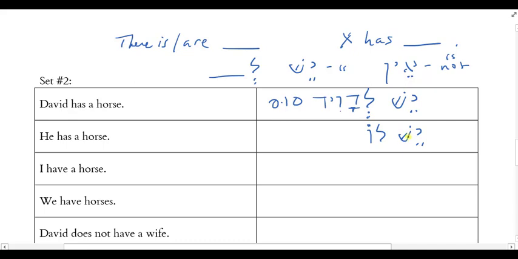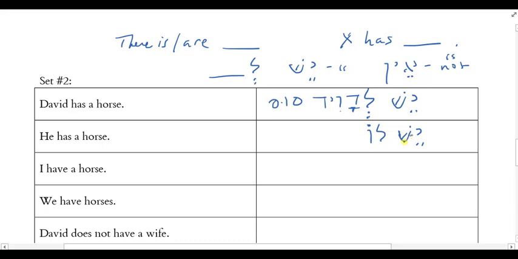Why can't you just do hu? Well, remember, ish, hu. Because yesh here does not literally mean has. It's not a verb. So I can't say hu yesh. Yesh is basically a particle that predicates the existence of something.